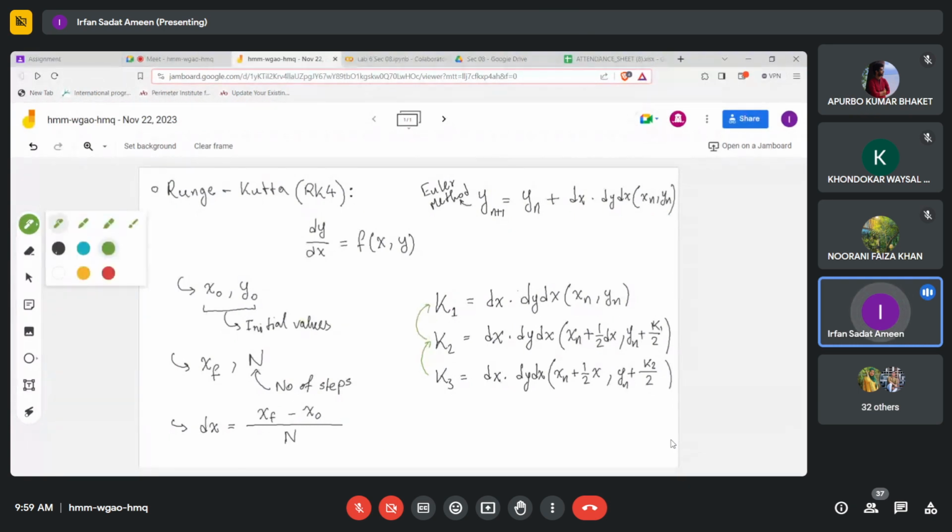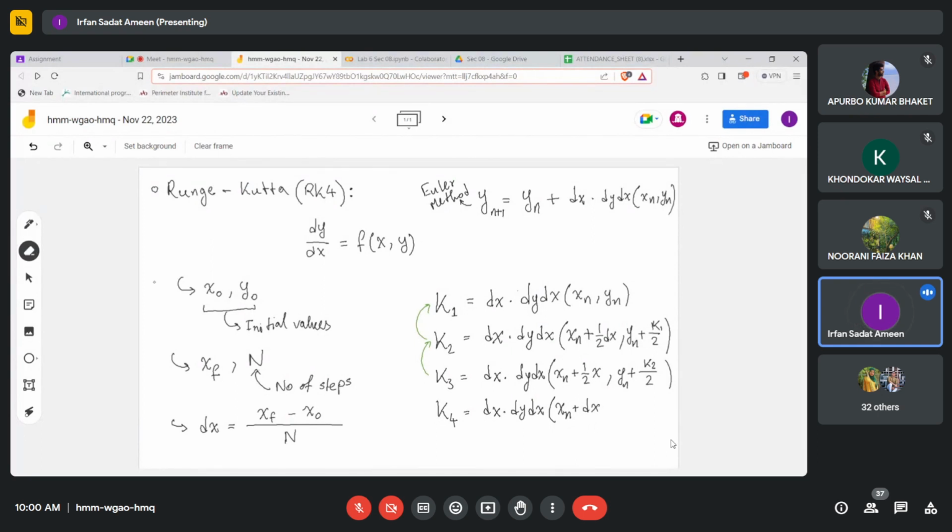And then finally you have the last step, which is k4. So k4 is a full step. Okay, by full step I mean dx times dy by dx will be a full step. So xn plus dx.